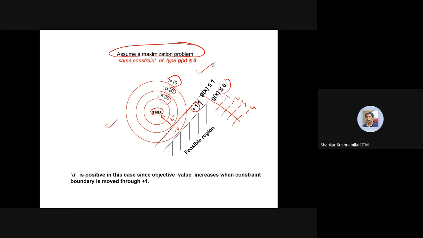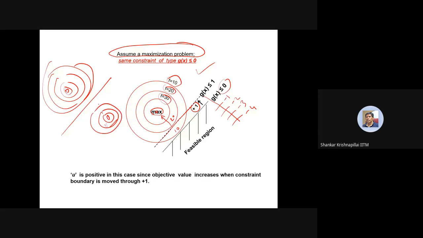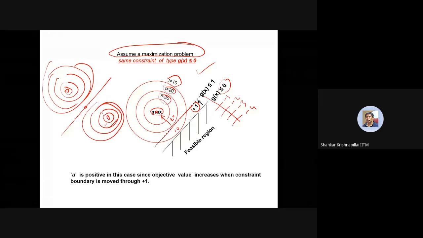But if it is an equality constraint, you don't mind whether the objective function is on the left side or the right side, because the solution will always lie on the equality constraint. So nu can be negative or nu can be positive. It doesn't matter if you deal with an equality constraint.